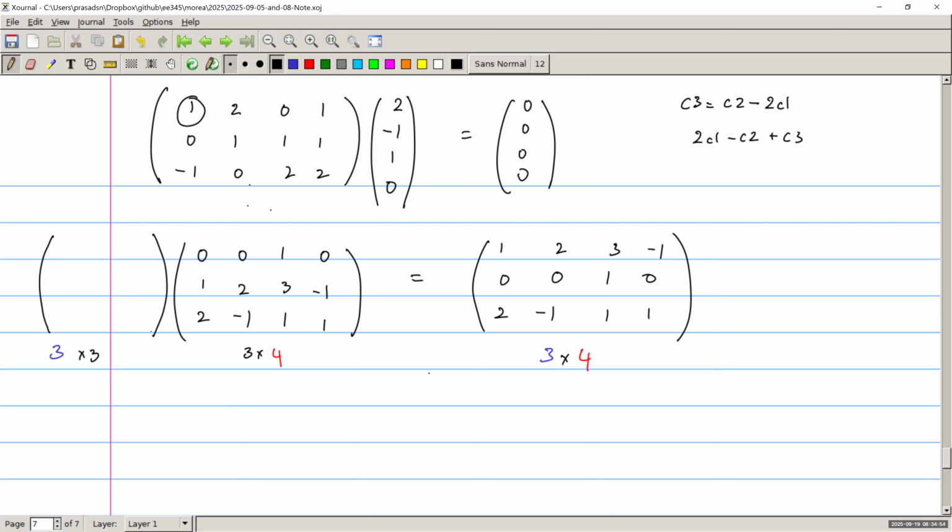What linear combination of the rows is that? It happens to be the second row, but tell me as a linear combination of the rows.